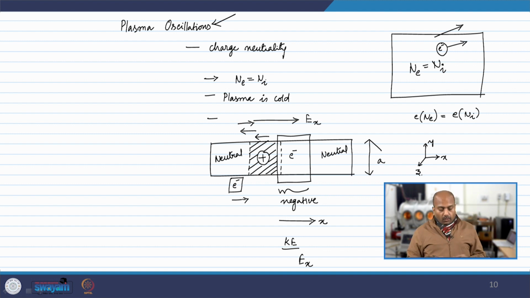Immediately an electric field opposite to the initial electric field is set up, and the electrons are forced to move in exactly the opposite direction, because the electric field is strong and it can influence a very light particle such as an electron. Right. So, this process will go on like this, until they come and sit in the original position, this process keeps going on.